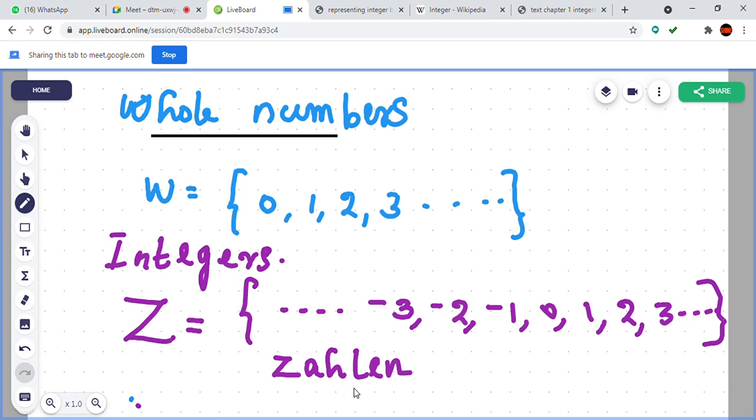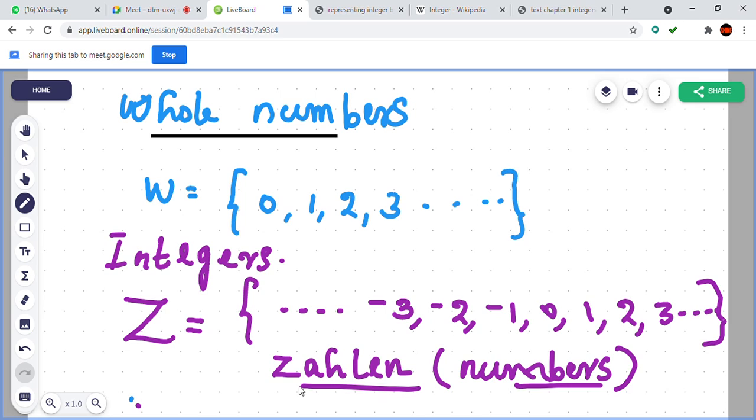It is a German word, Zahlen. The meaning of this one is numbers. So that letter is used for representing the integers. You can note this in your working column, or otherwise just below you can write: it is a German word, Zahlen. The meaning is numbers.